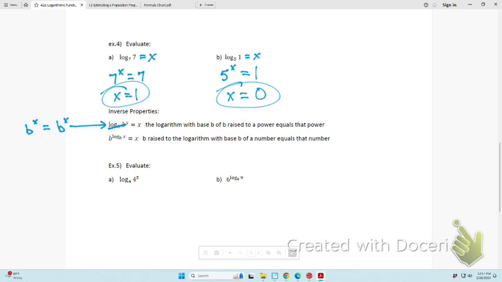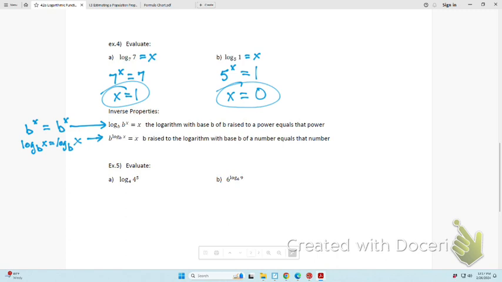You'll get the right answer. Same on this. Log b of b to the x equals x. And likewise, the b's cancel out and x equals x. Once again, that doesn't really happen, but you'll get it right if you think like that.